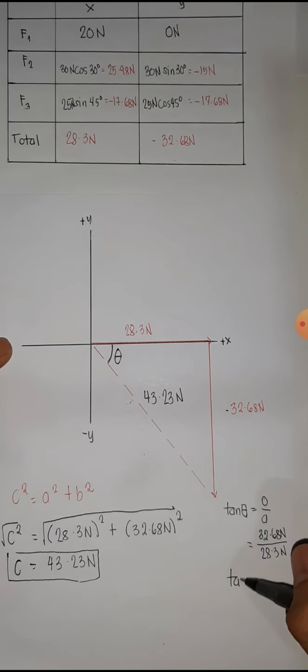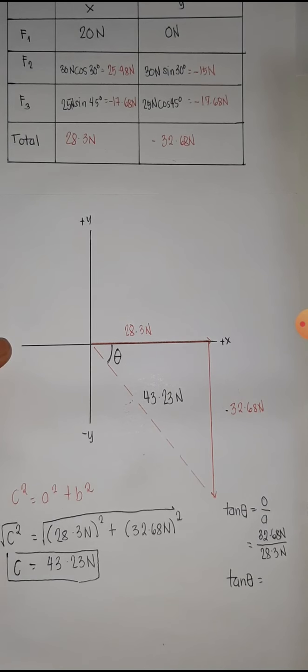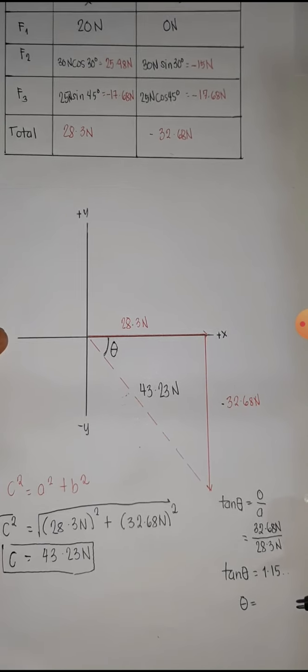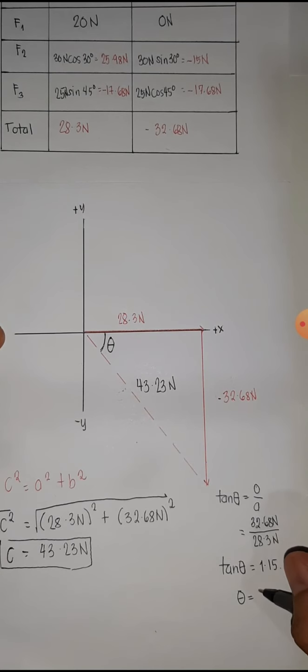So tangent theta is 32.68 divided by 28.3, so you will have approximately 1.15 as the quotient. Now you're going to look for the angle, so we're going to transpose your tangent.